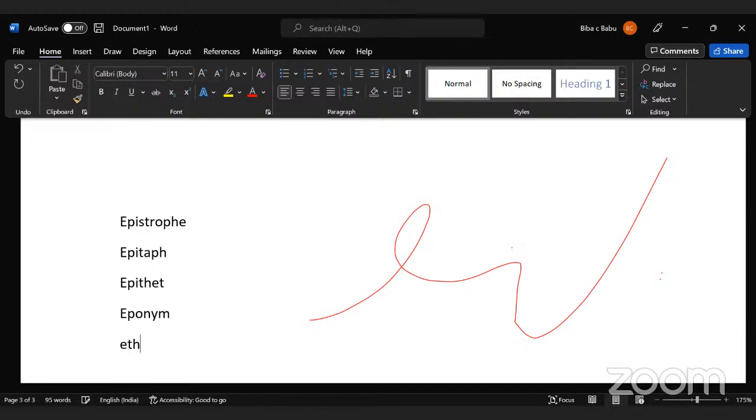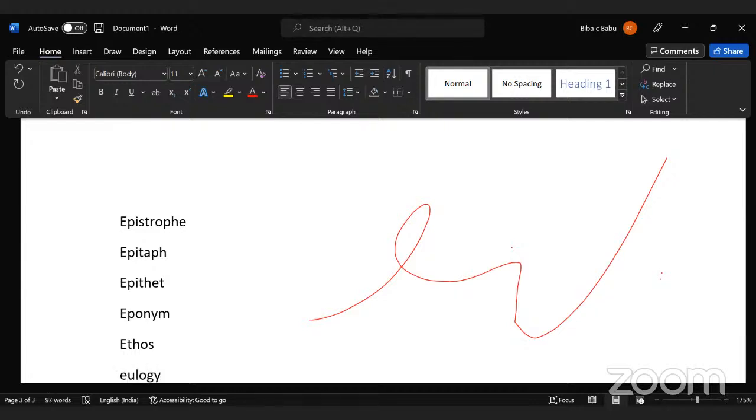Next is ethos. Ethos is a set of ideas or attributes which are associated with a particular group of people. Next is eulogy.